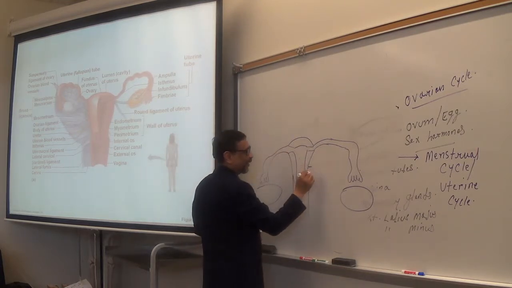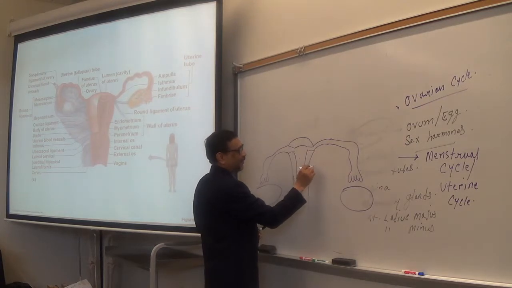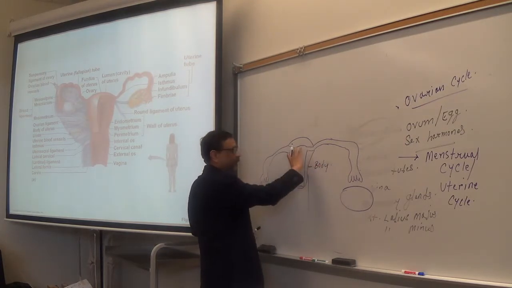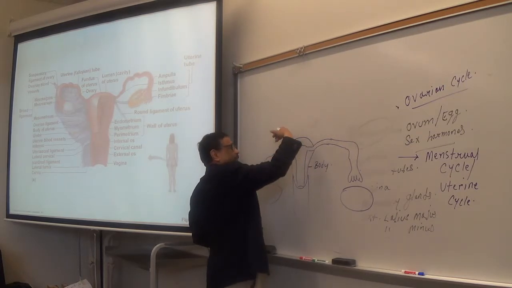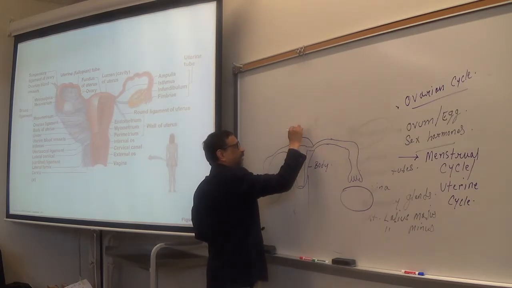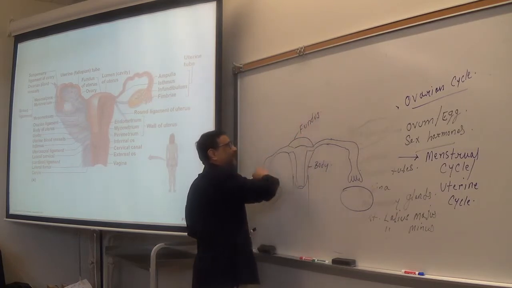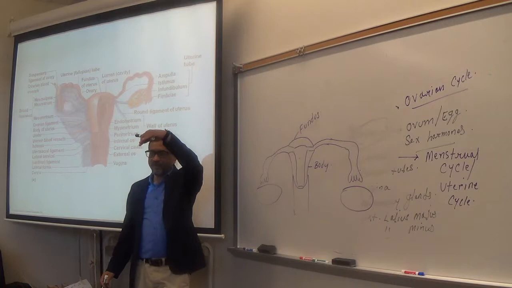Okay. So this is the uterus, and this part is called the body, the middle portion. This dome-shaped top part is called the fundus. You know, the stomach has a fundus too, right? So the top dome-shaped part is the fundus.